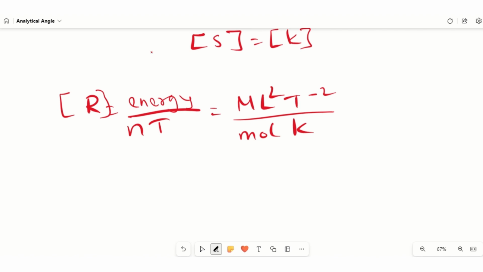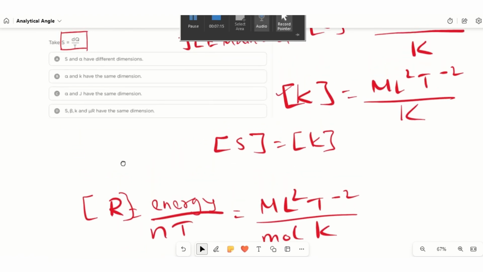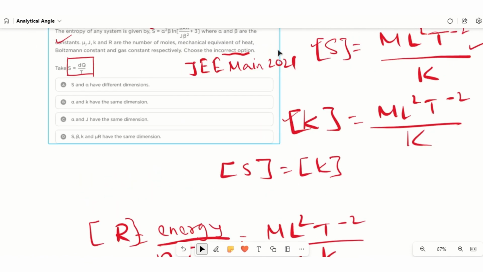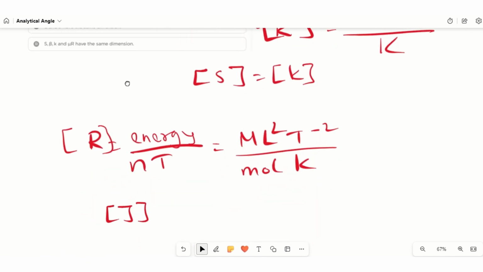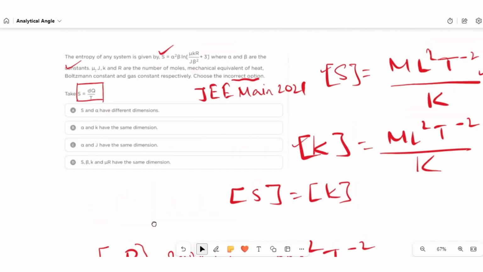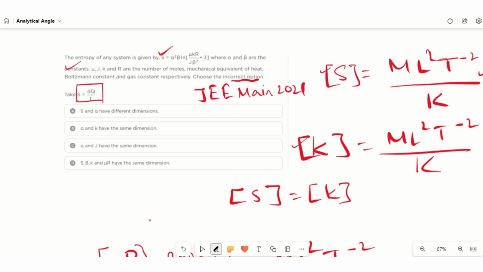Next, we need to find out the dimension of J. What was J? Let's see in the question. J is the mechanical equivalent of heat.